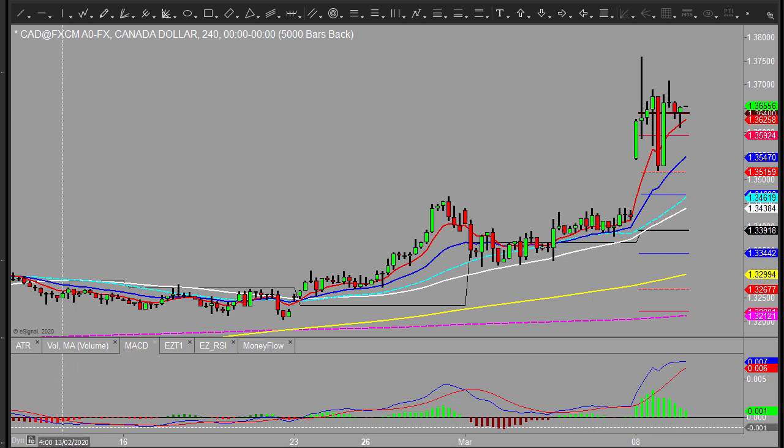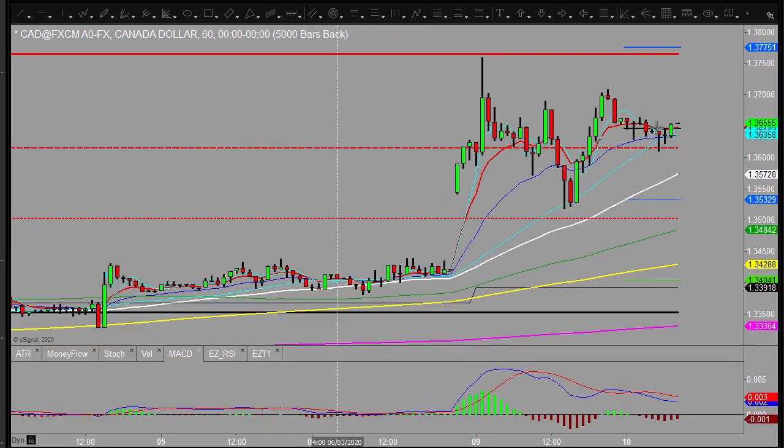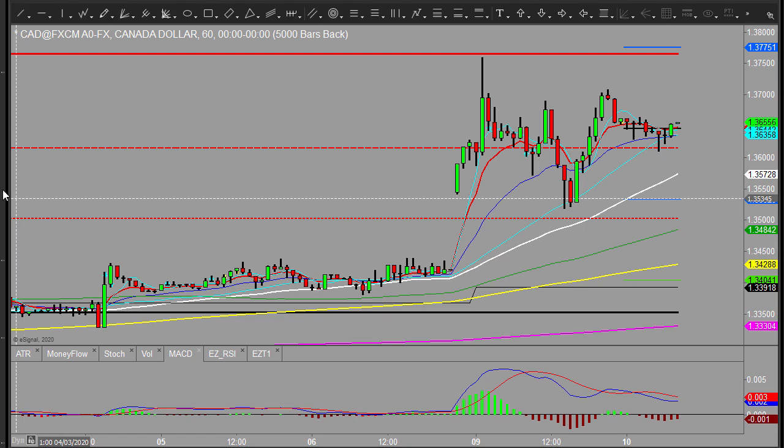Right old mess here, and again, we could see this sort of continuation to the upside. It's soft unless something was to happen with oil. I'm not really looking to do anything with this Canadian dollar on a daily basis, just an intraday basis, I should say. It may have more upside if you're a bit more of a swinger.